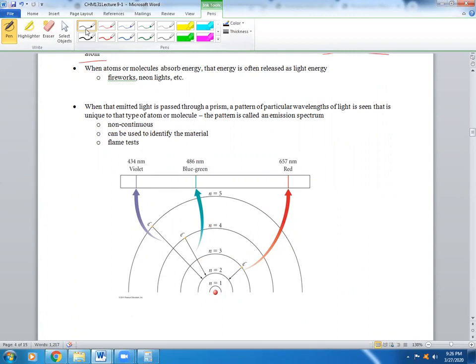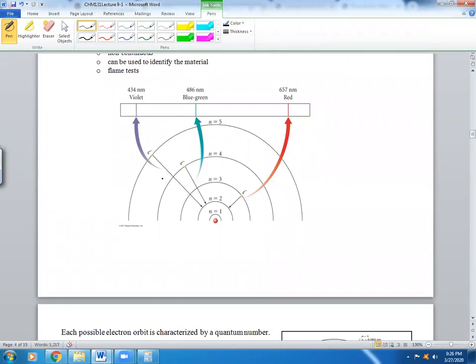Okay, so this is an energy level. You see that one right there, the first one, that's called the ground state. Or you can think of it as the first energy level. And then you have the second, the third, the fourth, the fifth.